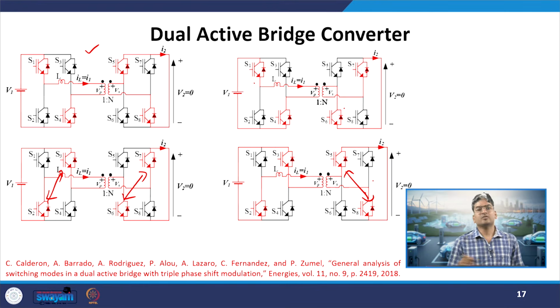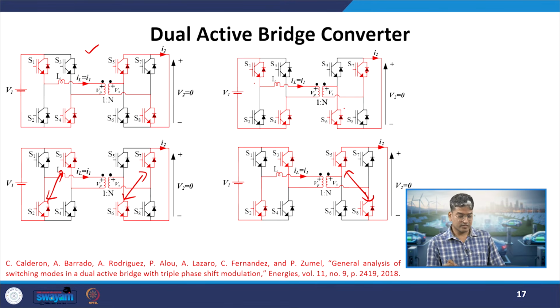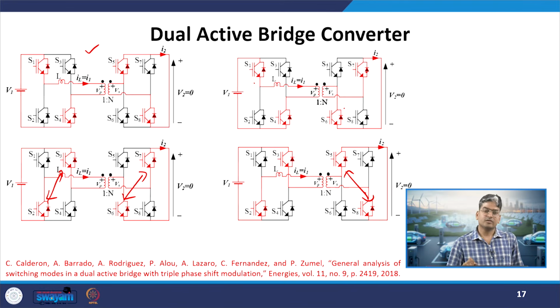So, how have we shifted from 2 equivalent circuits to 4 equivalent circuits? Just by increasing the delta value. When delta is not equal to 0, we will have 4 different combinations of our circuit, based on which devices are on in each bridge.